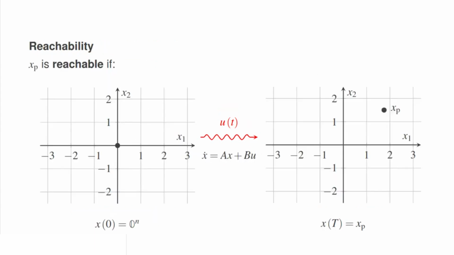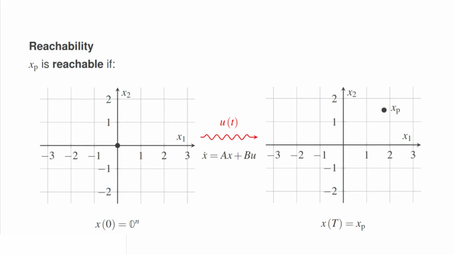And so we arrive at the definition of our first concept, that of reachability. A point xp in the state space is said to be reachable if we can find a control input u that will drive our system from the origin to that point xp in the state space in finite time.